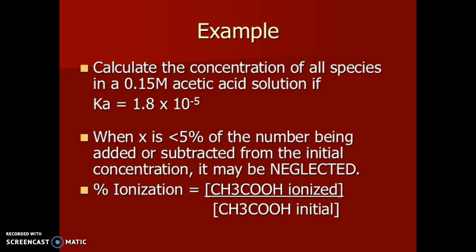We are going to be asked to calculate the concentration of all of the species in a 0.15 molar acetic acid solution, and notice the K value. It's 1.8 times 10 to the negative fifth.